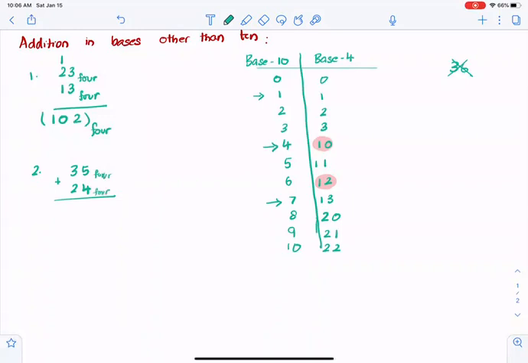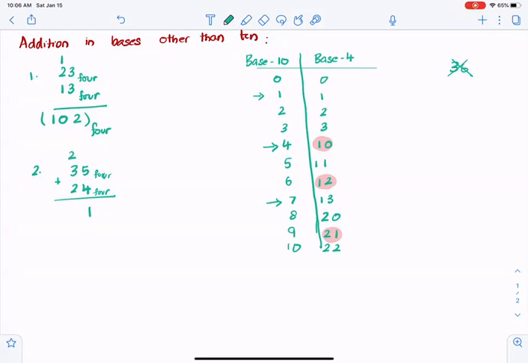So we're going to add 35 and 24 in base 4. 5 plus 4 is 9. 9 cannot be in our answer because we're dealing with base 4. So I go through the simple table that I wrote, and I realized that 9 in base 10 corresponds to 21 in base 4. So 5 plus 4 is 9, but I write it in base 4. So 1, put 2 up there.